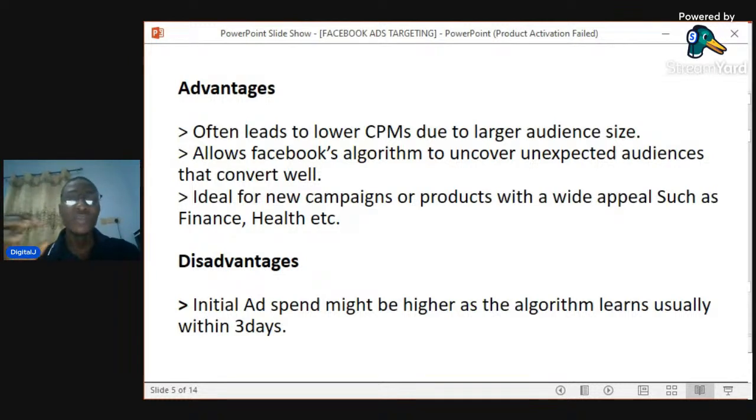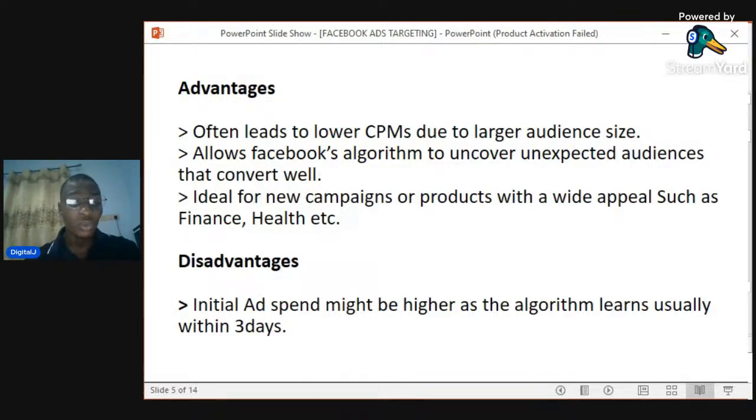Since you are doing broad targeting, you are going to have a large audience size, because you are not restricting your ads by interest or by behaviors; you are targeting solely based on location and age.